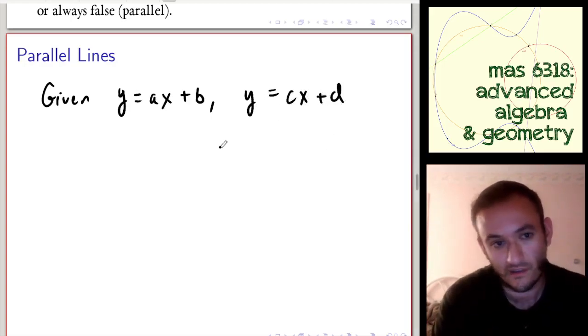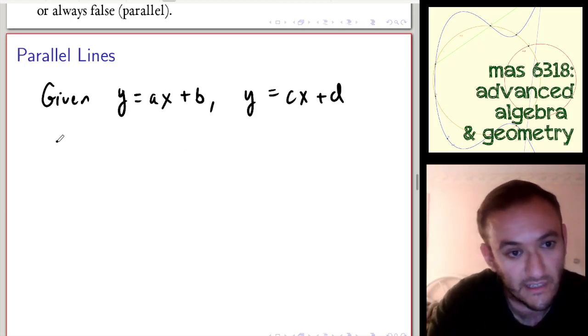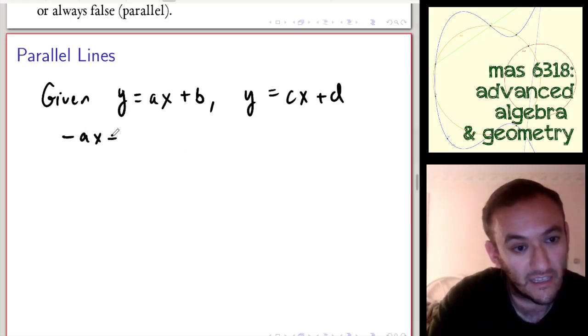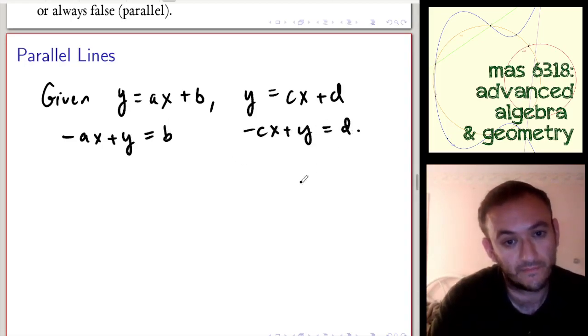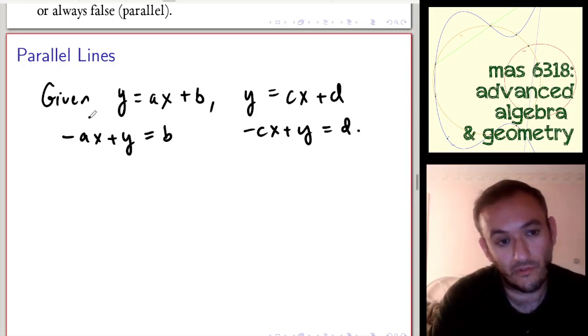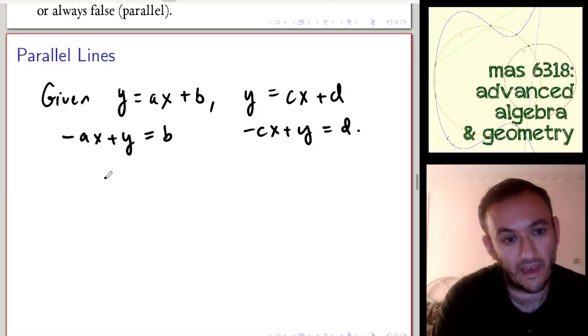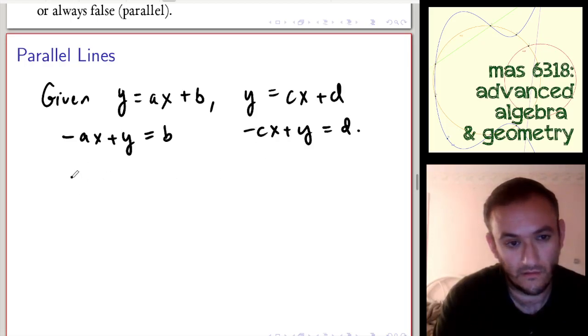Putting this all into the form we saw previously, we have minus ax plus y equals b and minus cx plus y equals d. We know this is supposed to be a scalar multiple, so because the coefficient of y is 1, that means that a has to be equal to c.